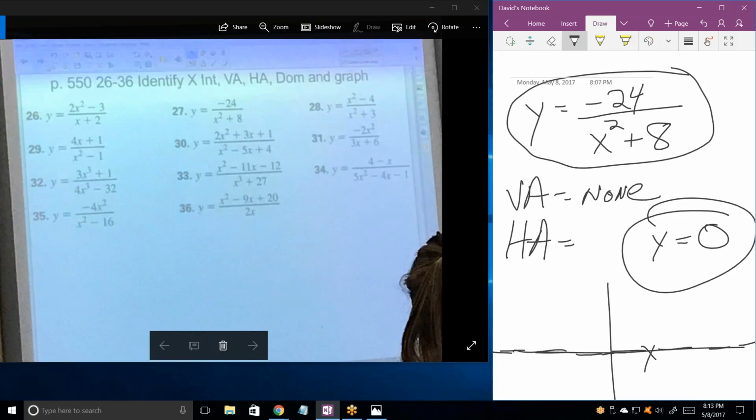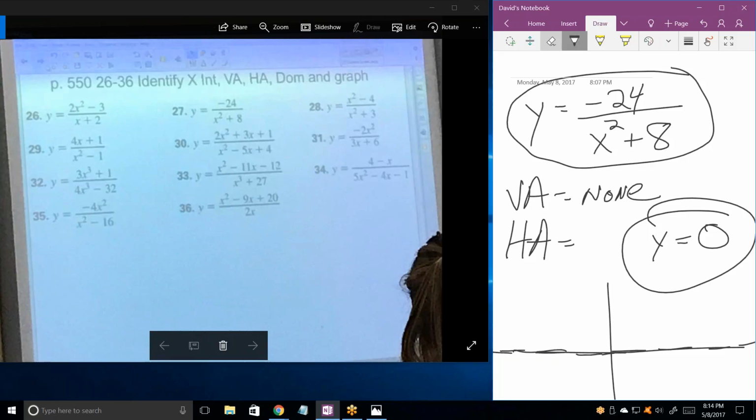Doesn't matter whether I'm there, over there, over there. Wherever I'm at, y is 0. A huge thing to remember is that x-intercepts come when y is 0, y-intercepts come when x is 0.